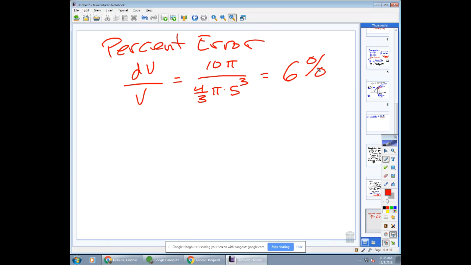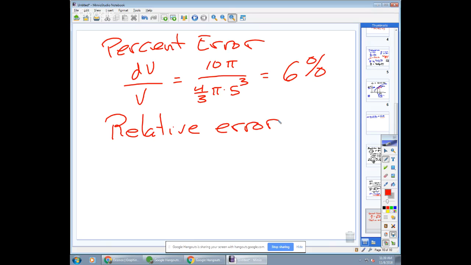And this is what's called relative error or percent error. The actual error was about 31 cubic millimeters, right? The relative error, meaning relative to the size of the object, was 6%. If this was a bigger ball bearing and we were off by 31 cubic millimeters, then the percent error would be smaller, okay?